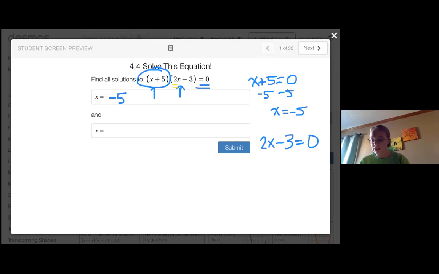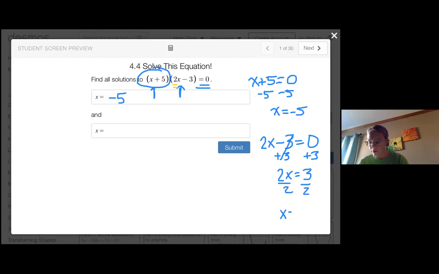In this case, when you're solving this, you're just setting this equal to 0 and solving. So what would I move first? I would add the 3 to both sides. Then I'll have 2x equals 3. And to get rid of the 2, I'm just going to divide by 2.